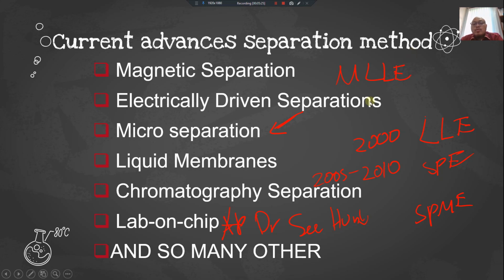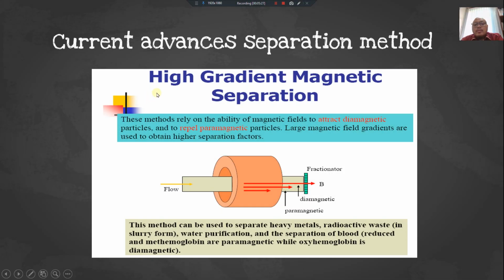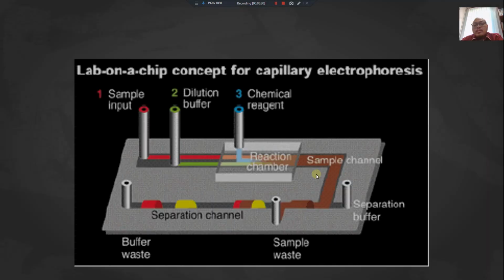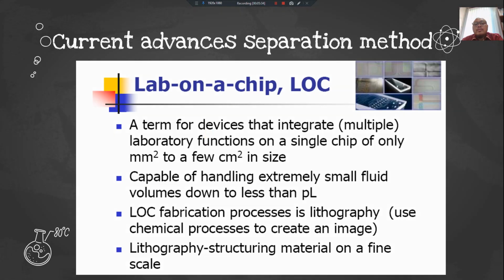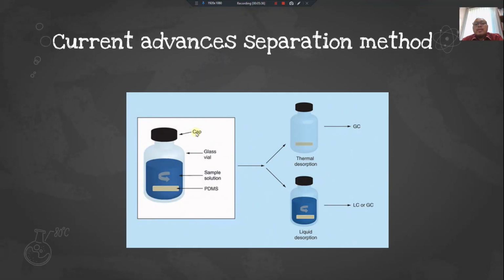So many others you can read by yourself. Here is a lot of techniques, lab on chip, everything. Another example is SBSE, the stir bar sorptive extraction method. It means we have a stir bar coated with a magnetic material and also an adsorbent on the outside.